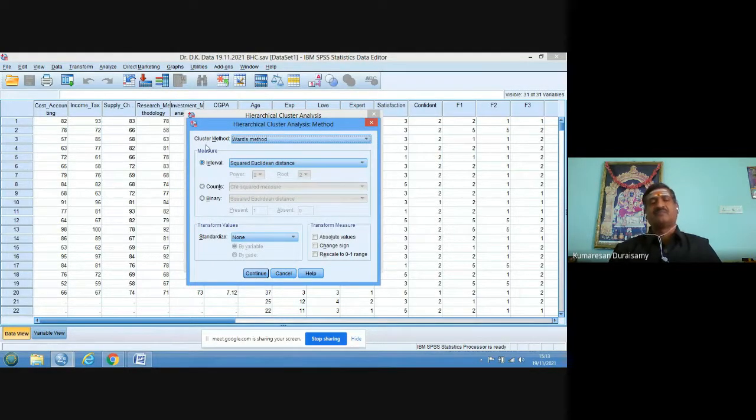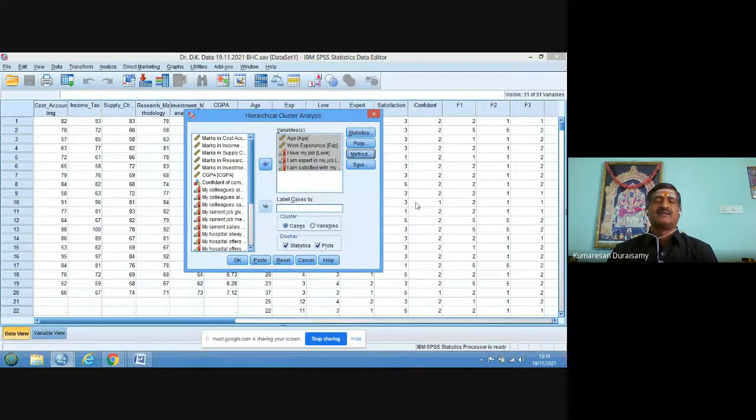Then interval is given by default as squared Euclidean distance. So that is only to be considered. We don't need to change anything here, only the cluster method. We have selected Ward's cluster method, interval measure squared Euclidean distance. Okay. Then continue.